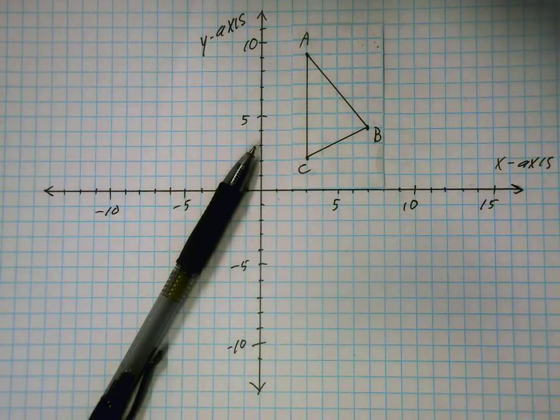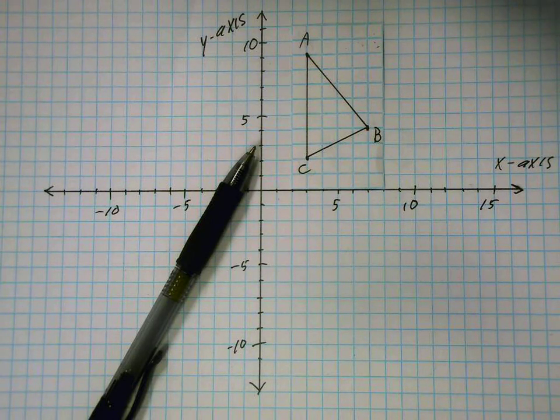Now, if you've ever stood in front of a mirror, you've probably noticed that you appear to be as far from the mirror as your image is inside the mirror. You in the mirror are the image, but you outside the mirror are the pre-image.